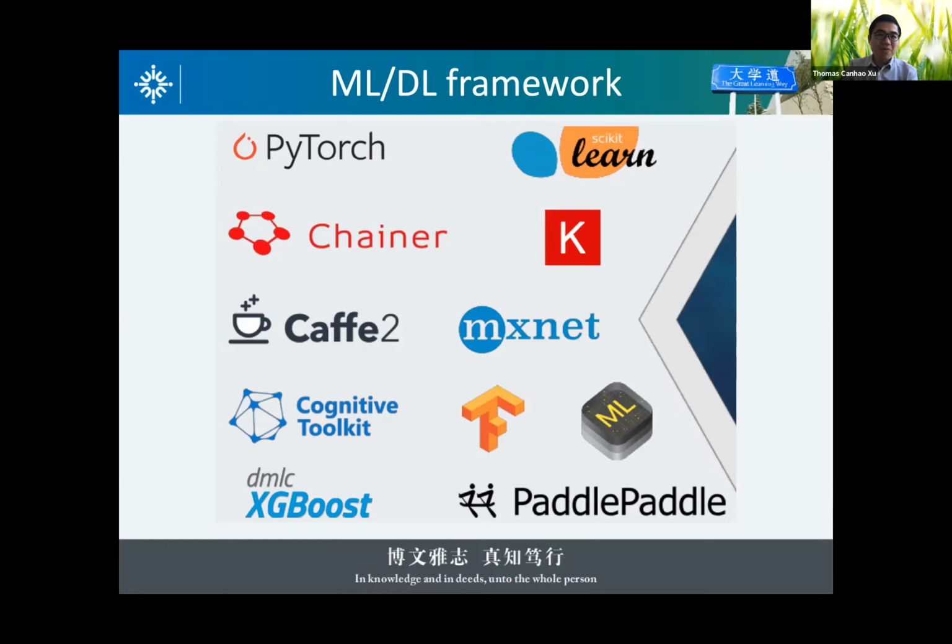Most of the time we use Keras based on TensorFlow, or from time to time maybe MXNet, or maybe you like PyTorch or something else. These are the machine learning and deep learning frameworks you use. This is a common thing, but this is only the software.